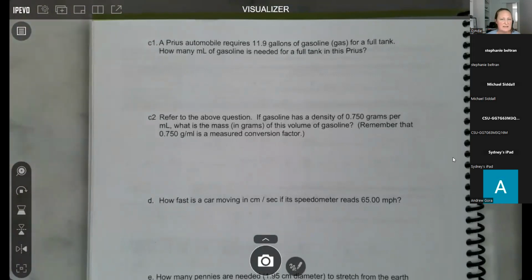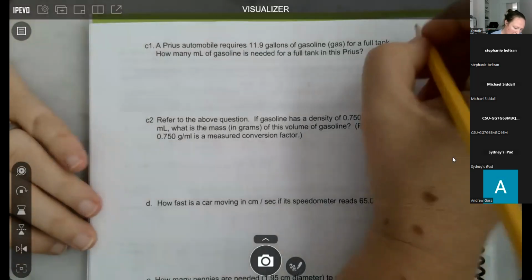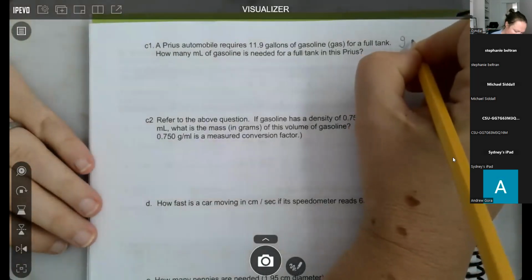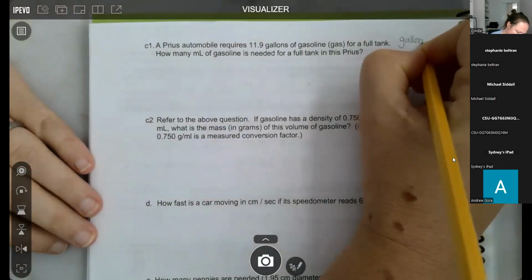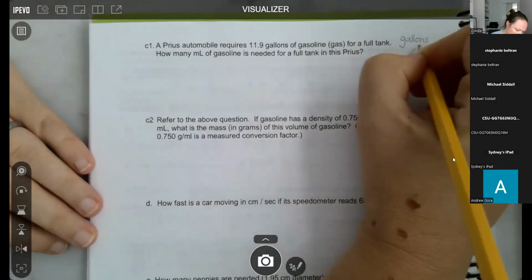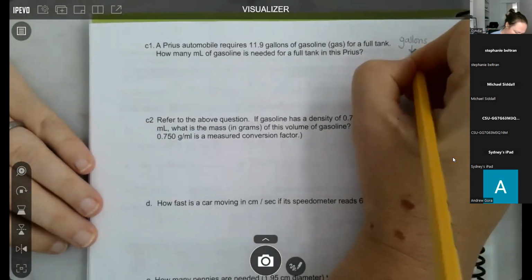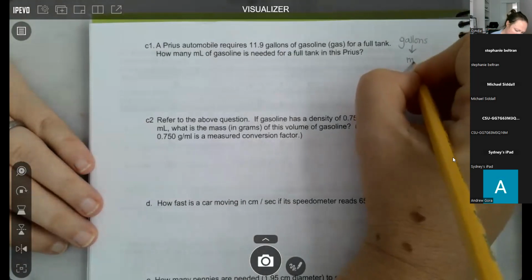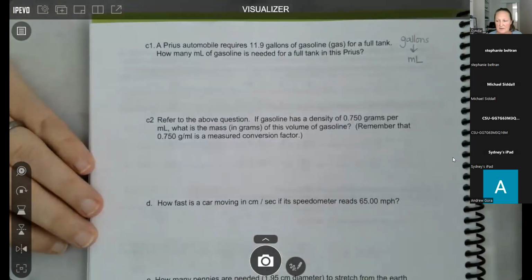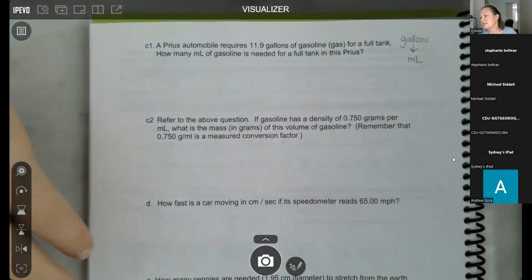Okay, so a Prius automobile requires 11.9 gallons of gasoline for a full tank. How many milliliters of gasoline is needed for a full tank in the Prius? So again, our goal is to go from gallons in this case, which is a volume, and we want to get to milliliters. So we have to look at our appendix.